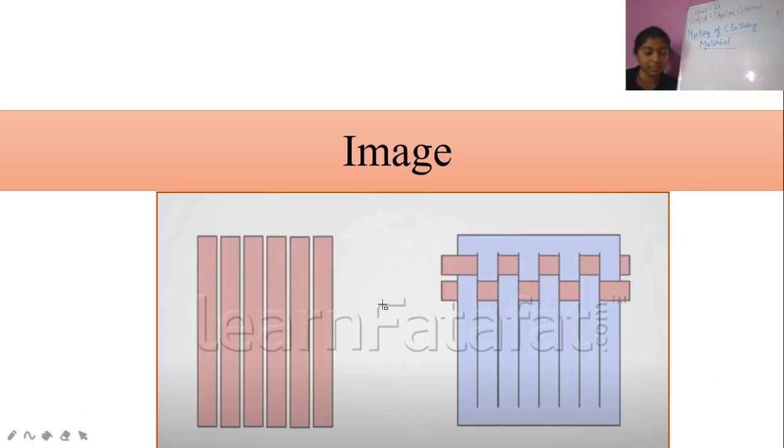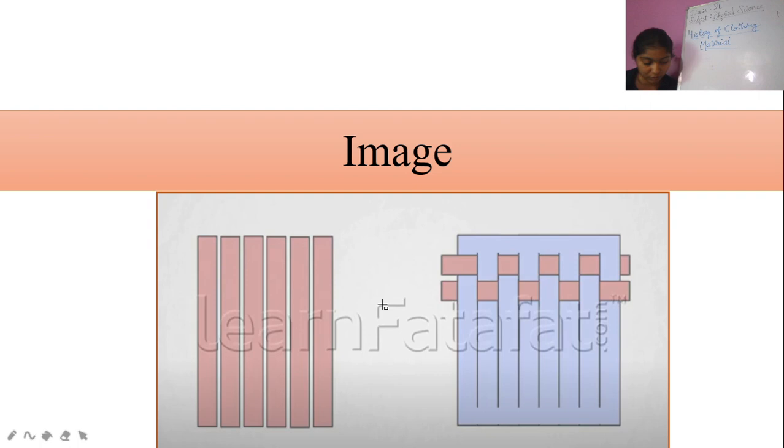Yes students, there is one more image in front of your screen. What is this? Do you see some lines? Right? These are some lines, and students, do you find it in the next image?